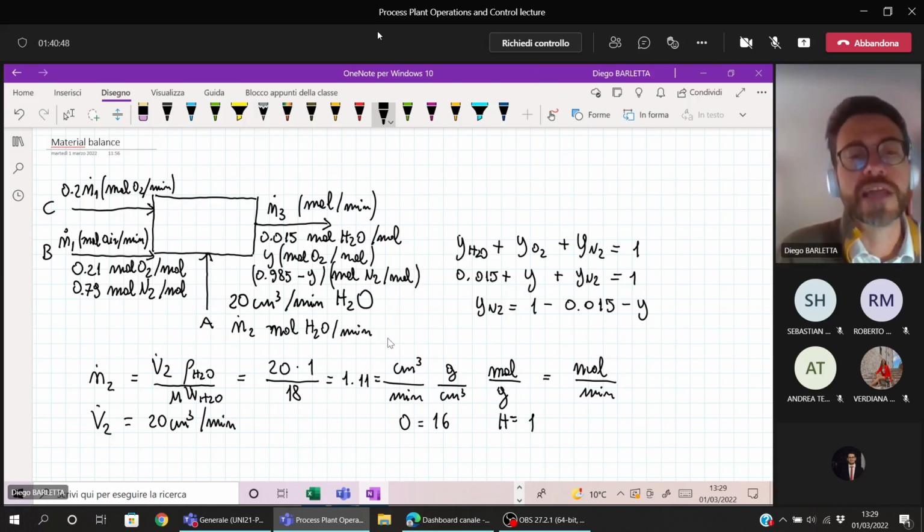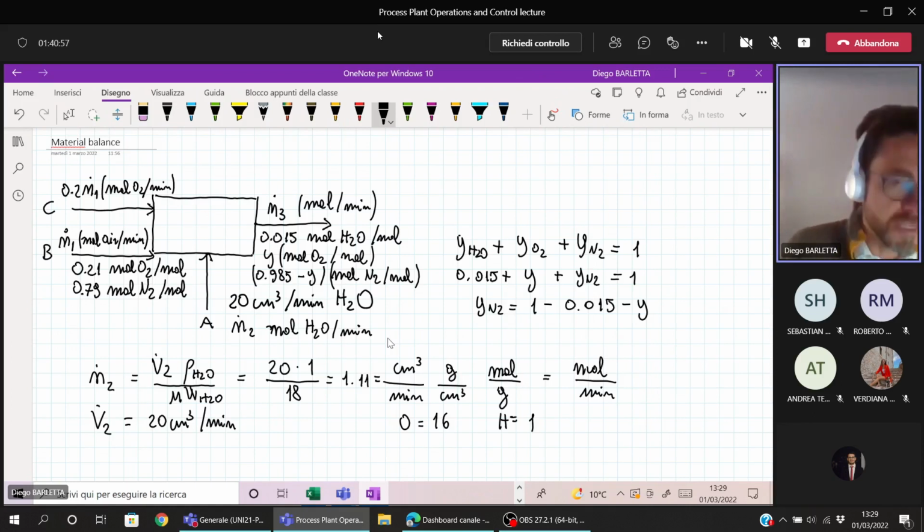Then the following step will be to apply material balances on different species, or on the total mass, total moles actually in this case, to solve and find the process variables that are unknowns.